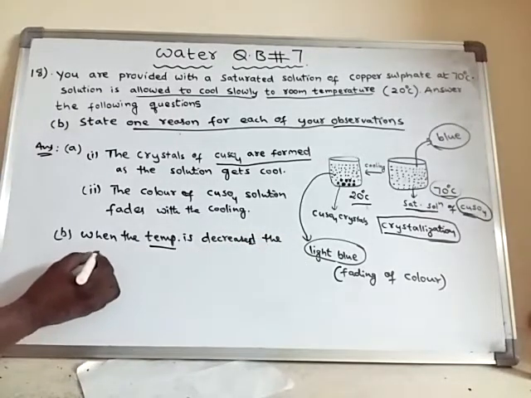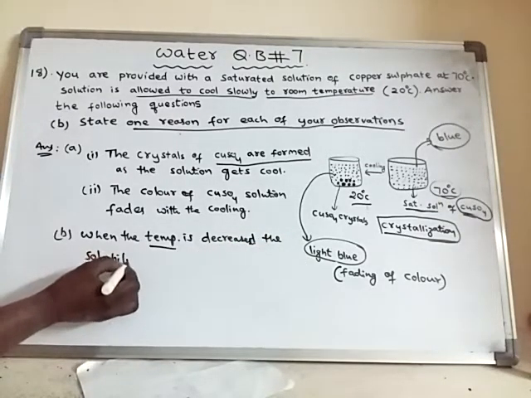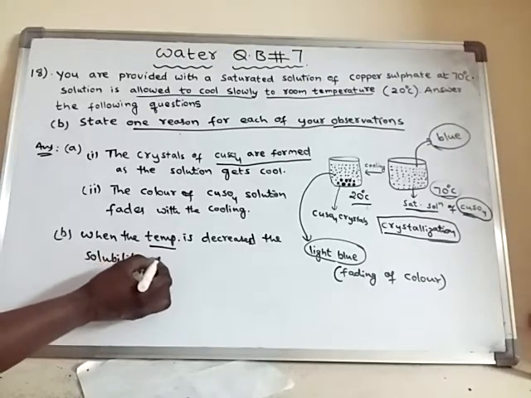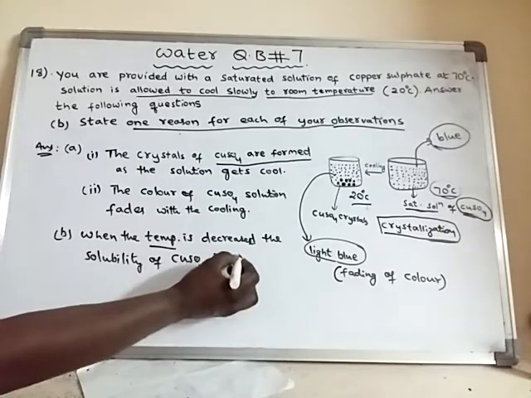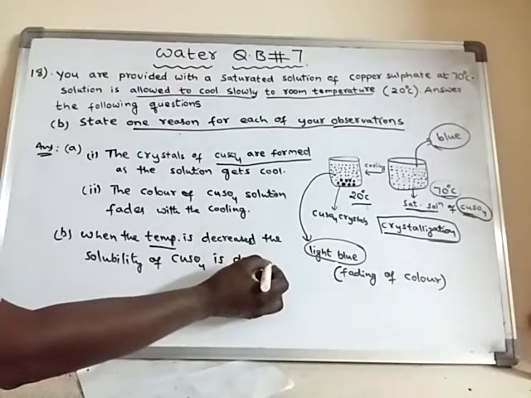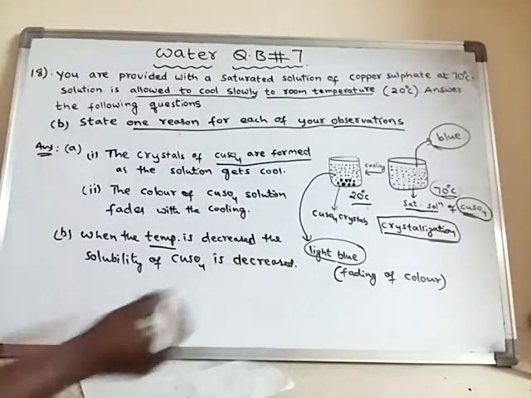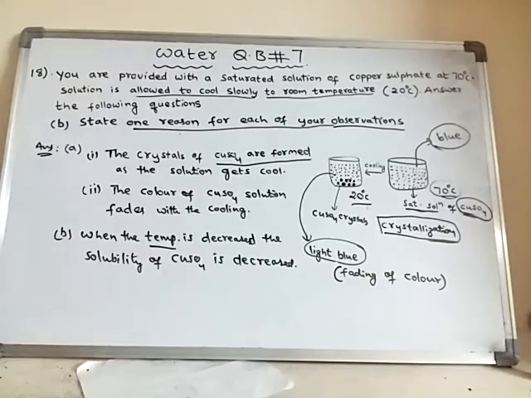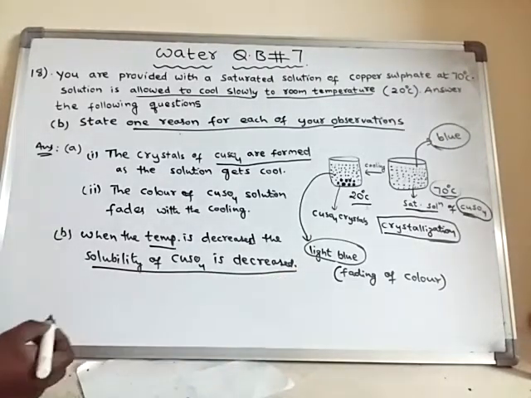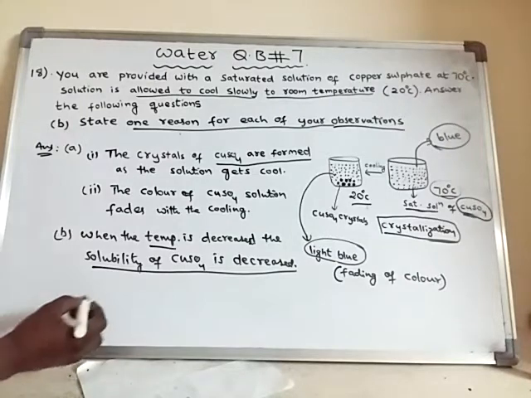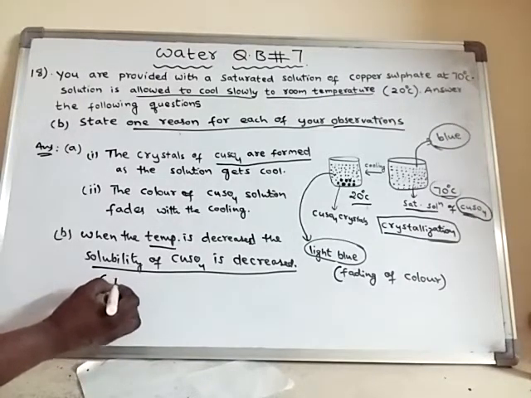The solubility of copper sulfate is decreased. Whenever the temperature is decreased, the solubility of copper sulfate will decrease. Thus, whenever the solubility of copper sulfate is decreased, what happens?